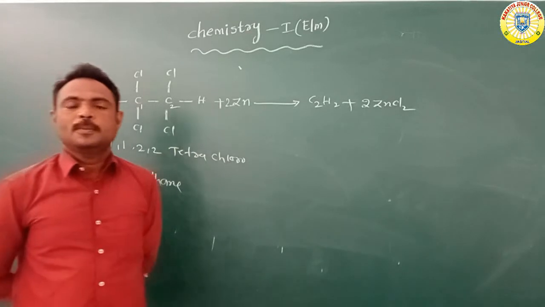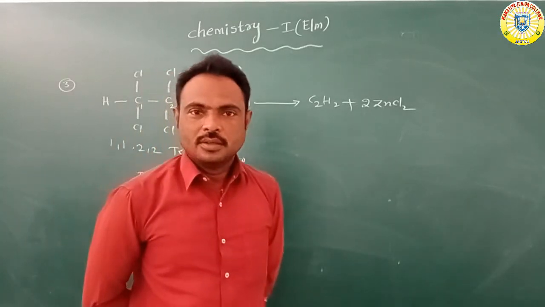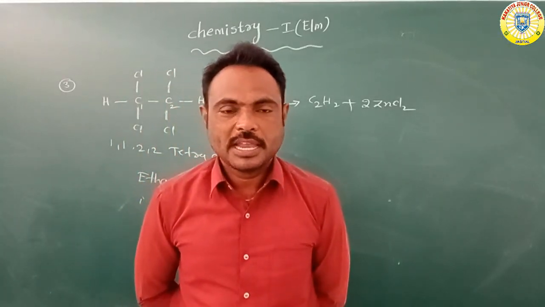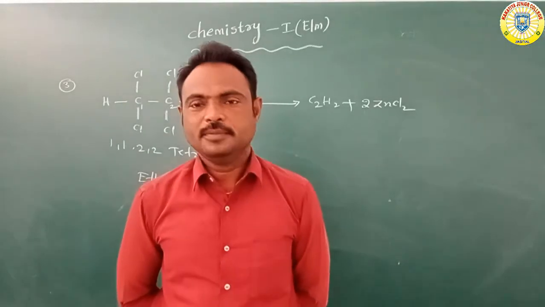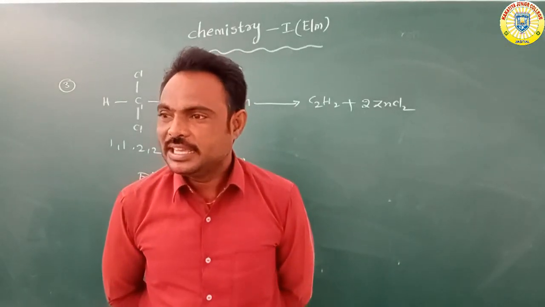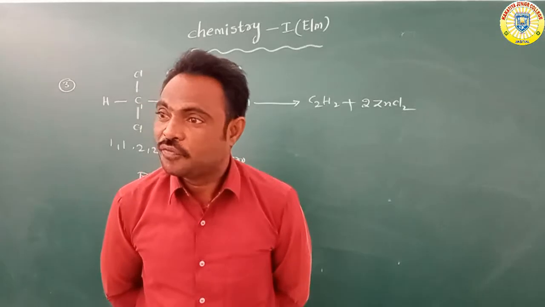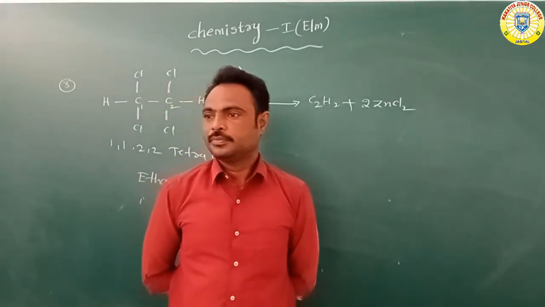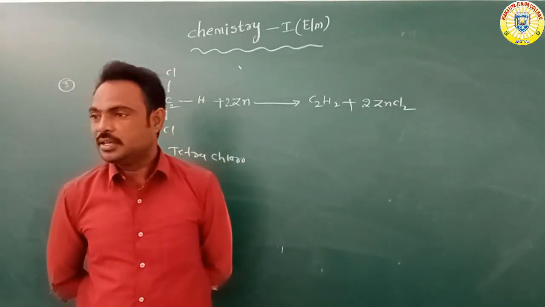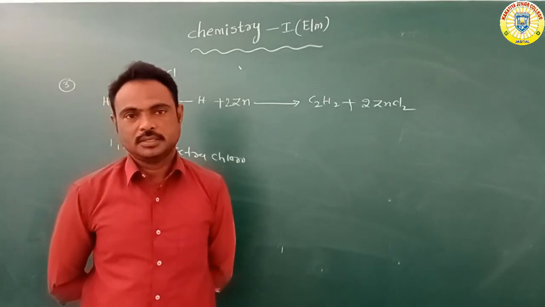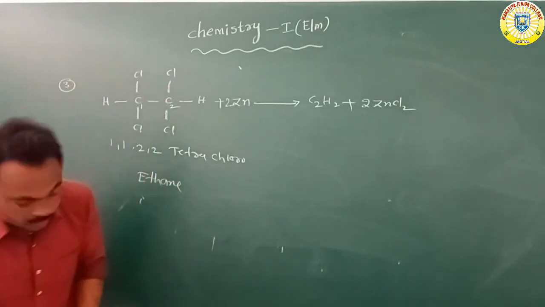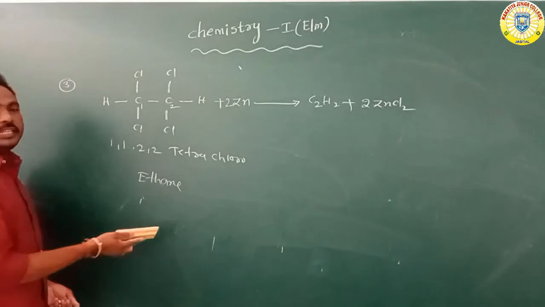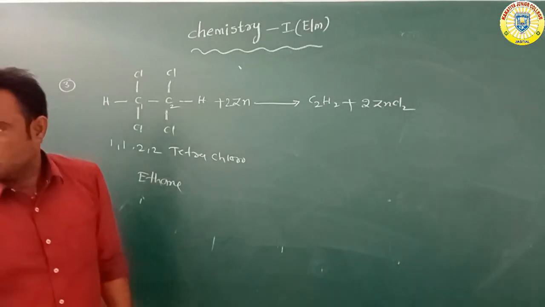Okay, so next further we have discussed chemical properties of acetylene. Acetylene reacts with a number of components. Suppose for example, it reacts with ozone.